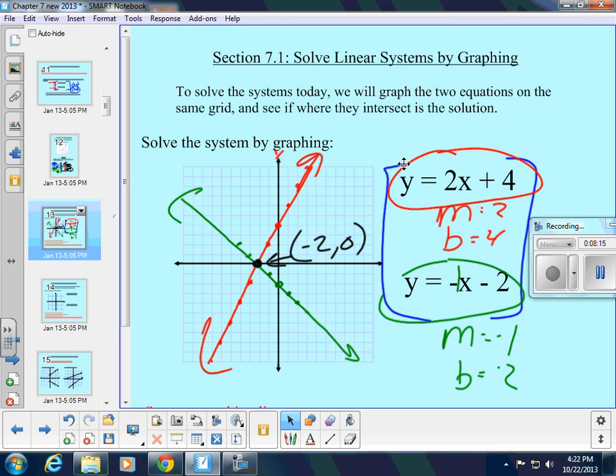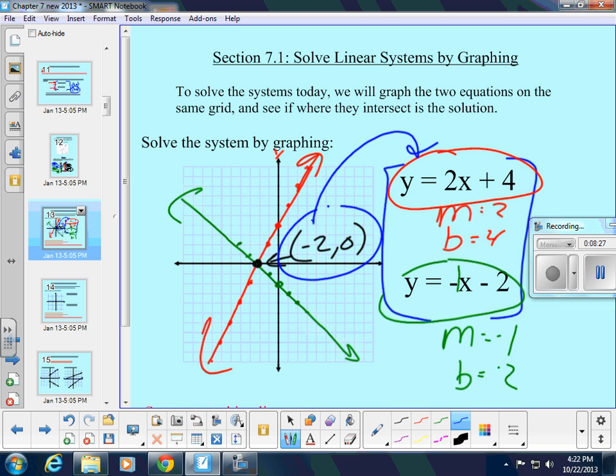One other way to check and make sure that that is the solution to this system: if it's a solution to both equations, like we talked about in the beginning, then it should fit both equations, right? (-2, 0) should work in this equation and it should work in that one. And that would prove that it is the solution to the system because it works for both equations at the same time.